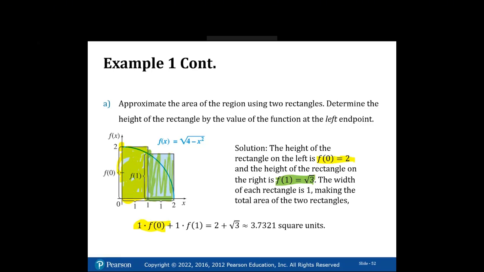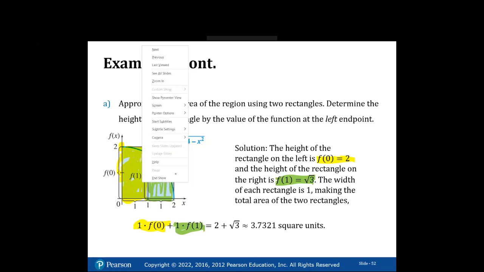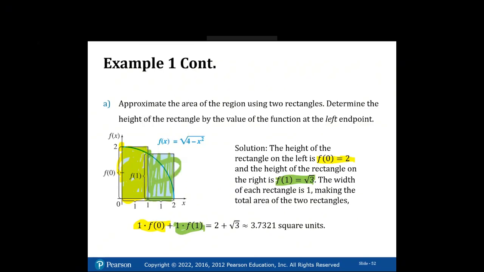And this height is f of 1. So when I add these two together, it approximates this area. And you can see that the area that I'm getting is bigger than the area under this graph here, right? I'm getting more stuff than I would normally. So it's fair to say that this approximation is going to be too big.